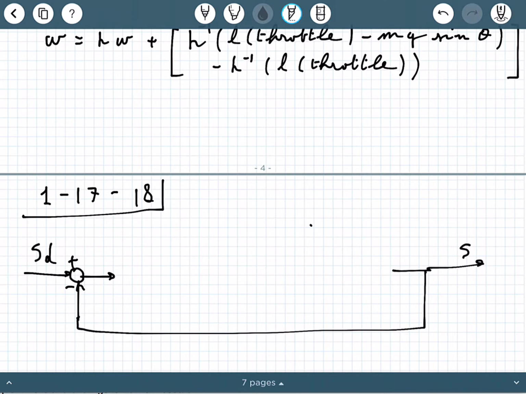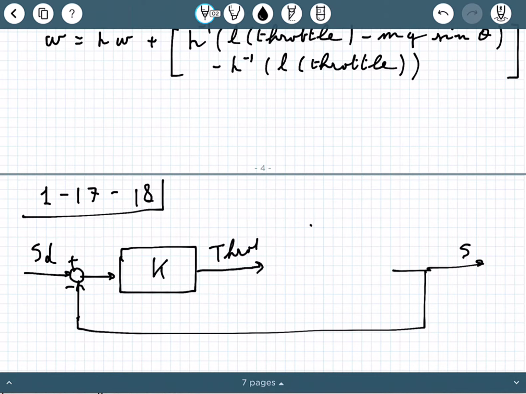So, in a block diagram way, we're still looking for a controller. We're going to use a simple gain K here. And the single gain K will produce the throttle input, just like before. However, things are a little bit different in terms of the effect on the car.